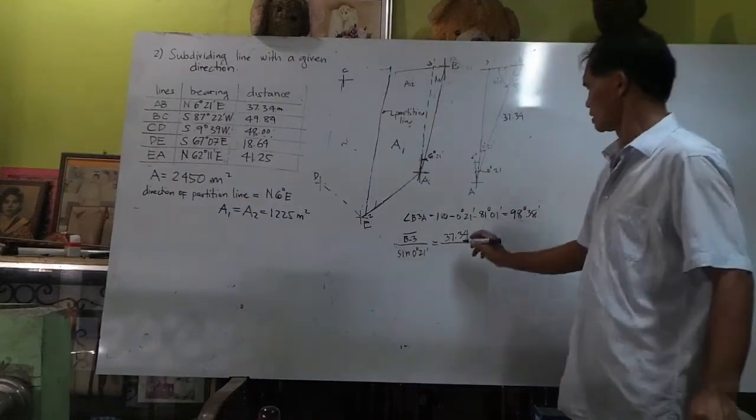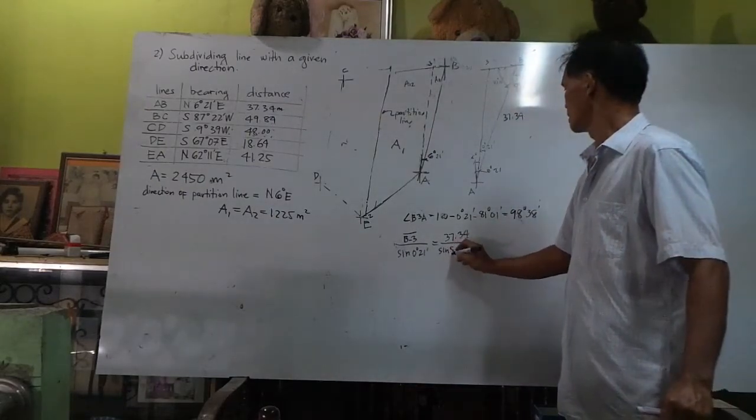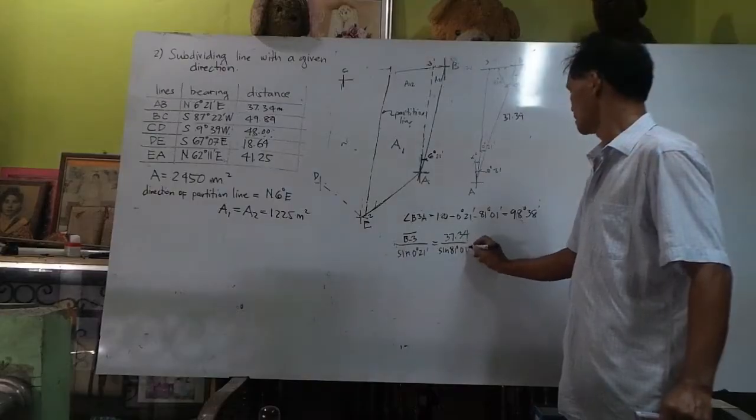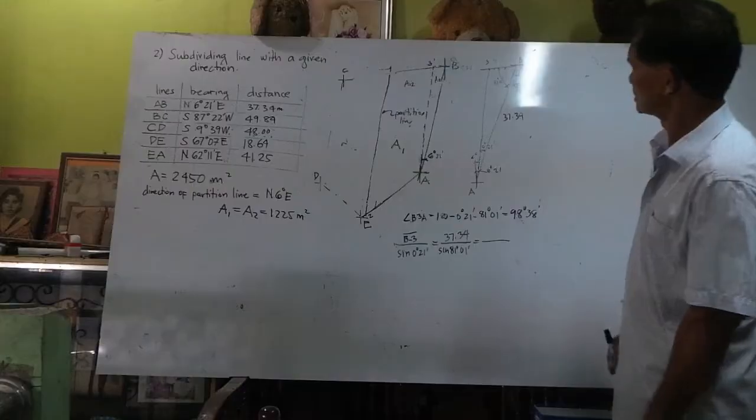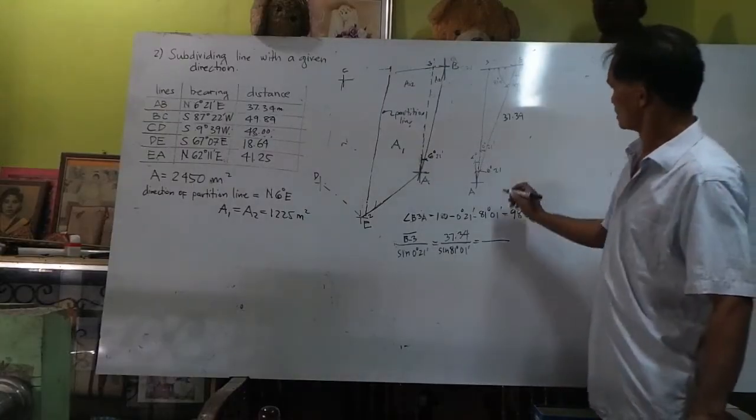Opposite is the 81, so you have sine 81 degrees and 01 minutes.